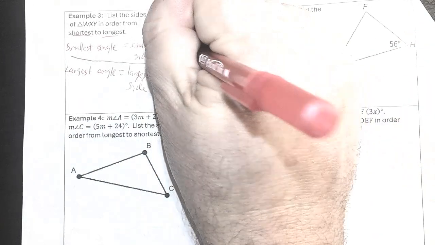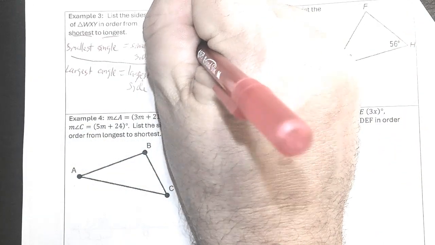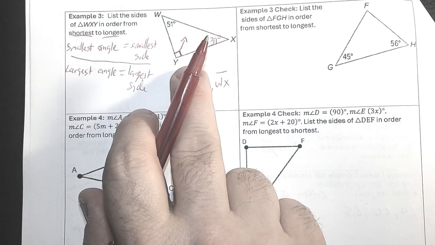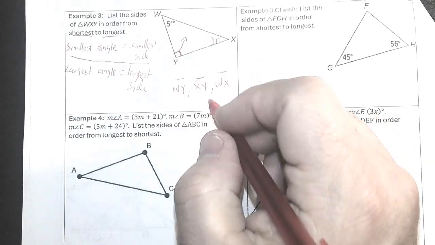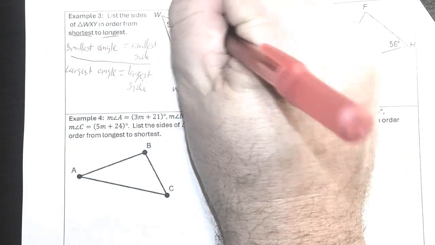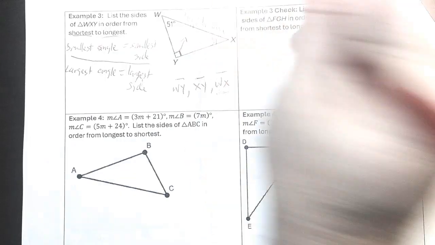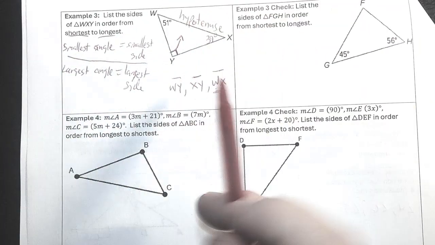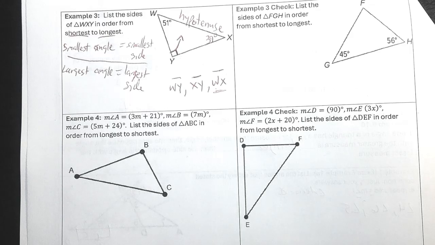Notice, directly across from the 90-degree angle, which is going to be the biggest angle every time in a right triangle, it's the longest side. It's also the hypotenuse. So I'm just trying to drive this home. If you guys know the hypotenuse, we're going to know what that is when it comes time for the proof.